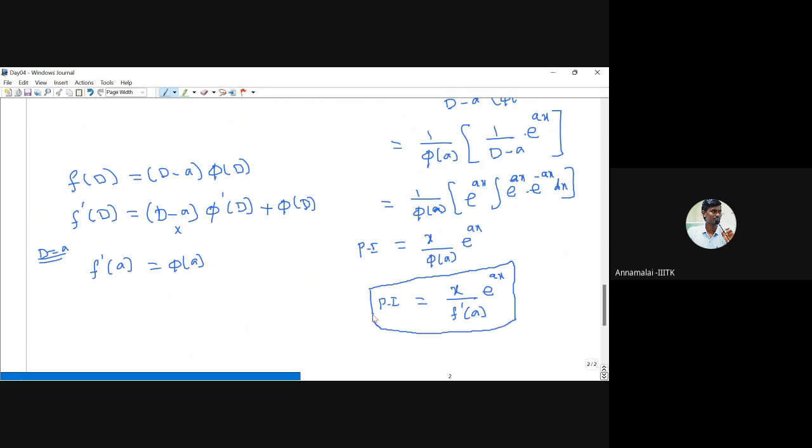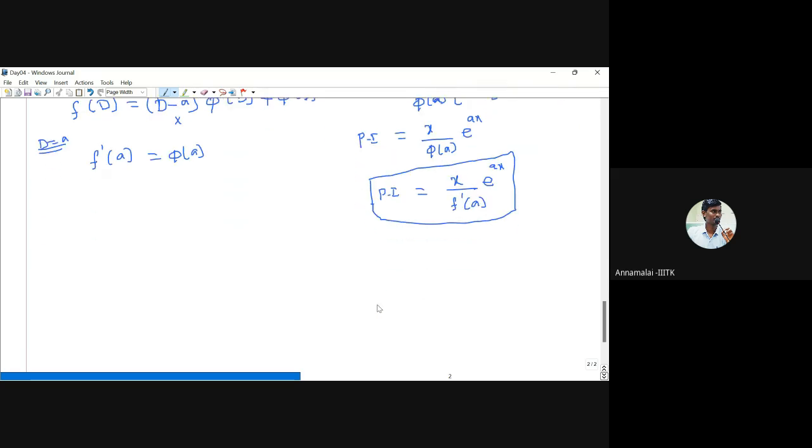If f of a is 0, that is a is a simple root, then we have to multiply by x, differentiate f and then substitute. Suppose another case, if f dash of a is 0, in this case the particular integral needs one more x, that is x square, and then we take the second derivative: x square by f double dash of a into e power ax, if f double dash of a is non-zero.